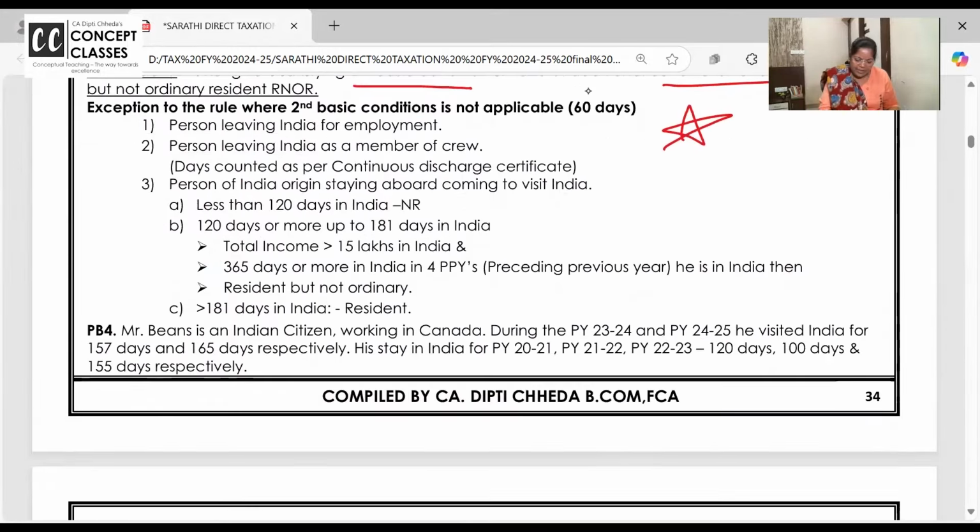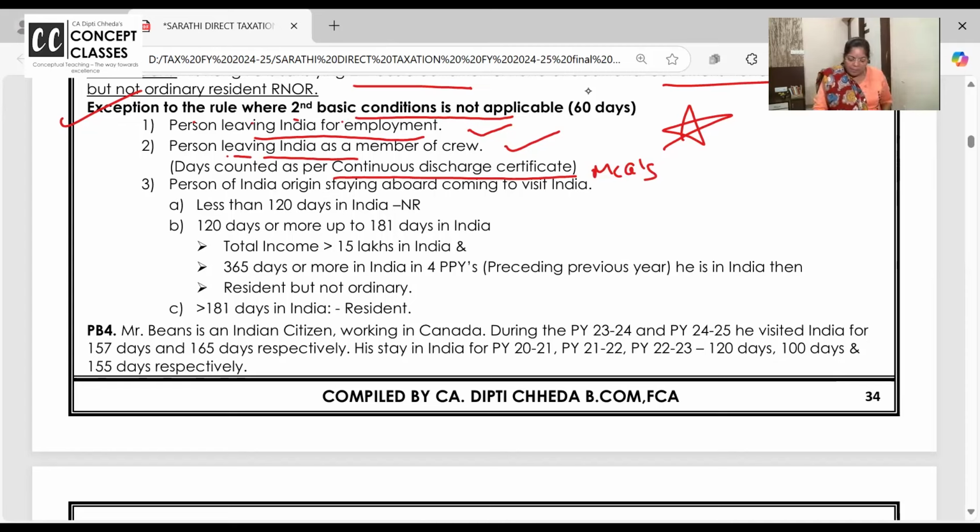Exception to the rule, again: exception to the rule where the second basic condition is not applicable. That same one I have printed here. Person leaving India for employment, person leaving India as a member of crew, days will be counted as per the continuous discharge certificate.